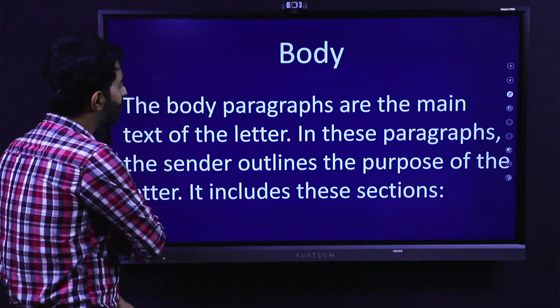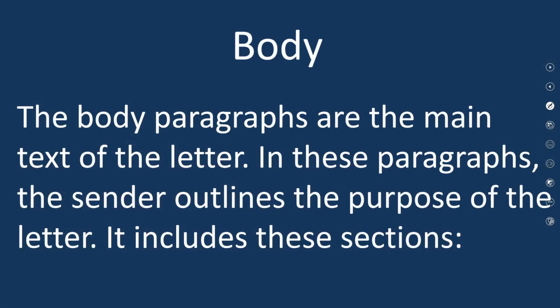The body paragraphs are called the main text of the letter. And in these paragraphs, the sender outlines the purpose of the letter. First, you will mention in paragraph number 1 why you are writing the letter. What is the purpose, the need, or the reason for writing this letter?